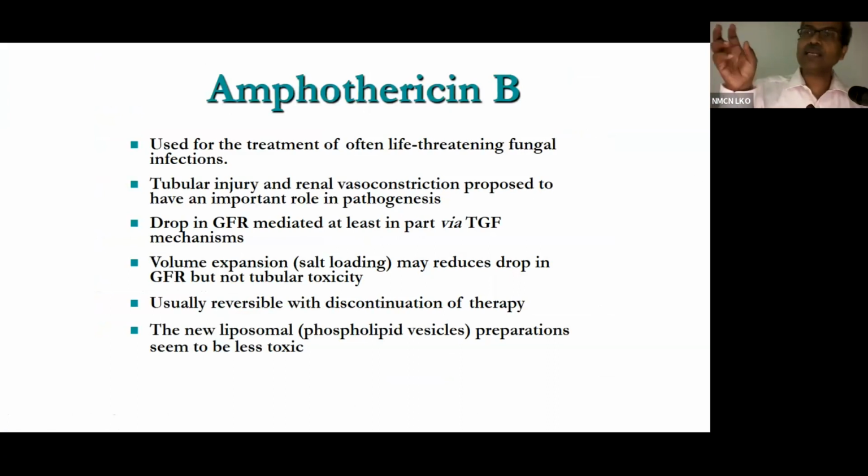One is the electrolyte problem, that is hypokalemia, which is very commonly observed with the use of amphotericin B. The other important one is metabolic acidosis, normal anion gap metabolic acidosis. Whenever you are using these drugs, you must think of renal impairment. If the patient is developing hypokalemia, we should replace it. If the patient is developing renal tubular acidosis, we should keep watch over his bicarbonate levels.